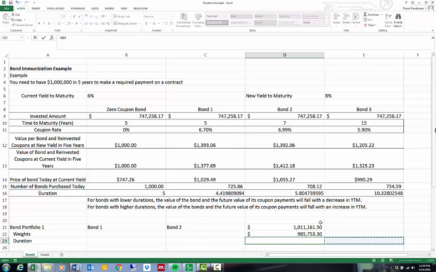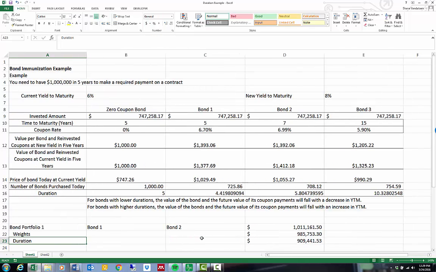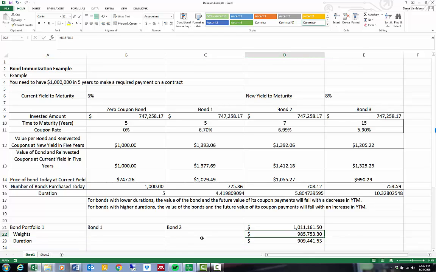And for bond 3, we would have ended up with $909,441.53. So we wouldn't want that outcome either.